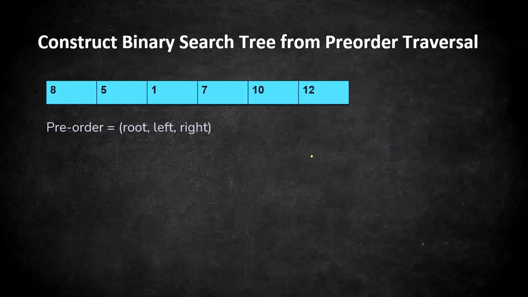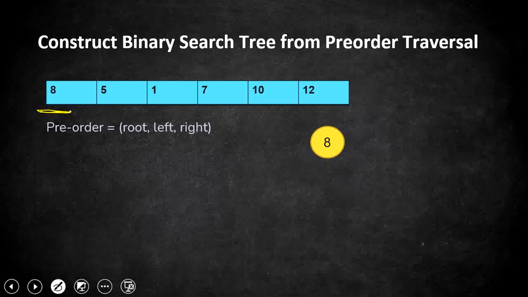So clearly, the very first integer value in the input array is going to be the root of our binary tree. We place the first element as our root, and from there we construct our binary tree with the rest of the integer values in the array.